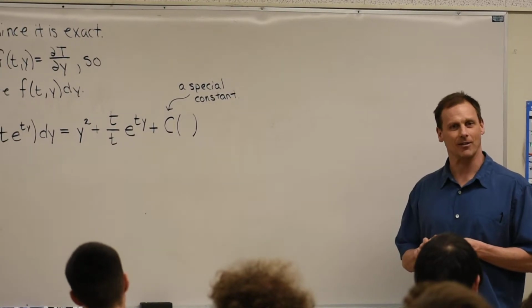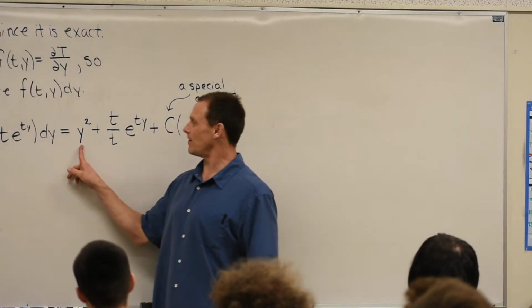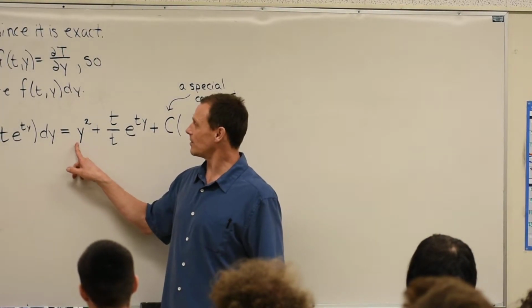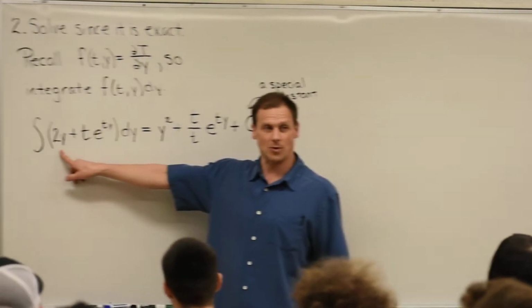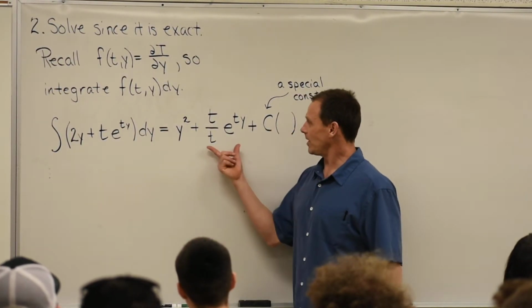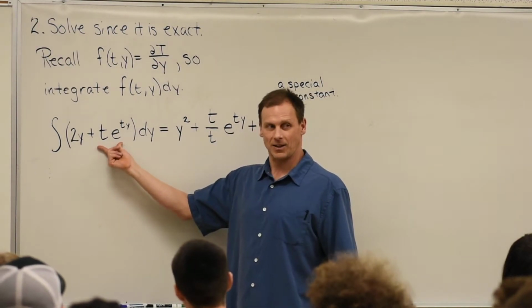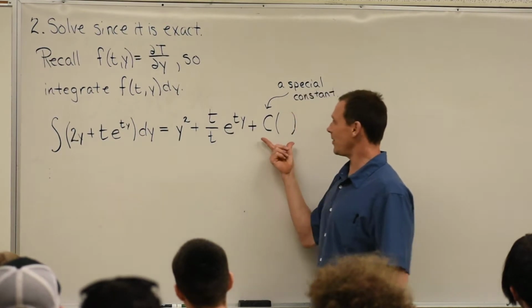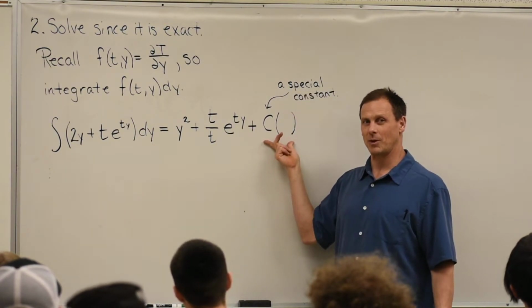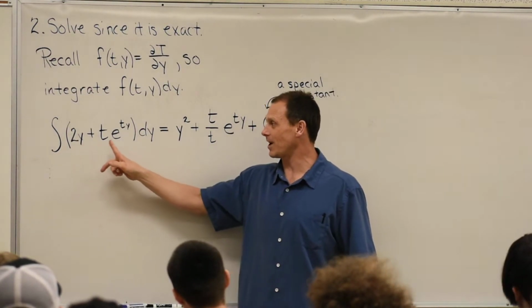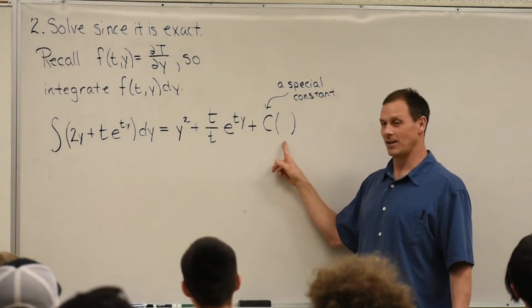You take its derivative. If I take the derivative of this with respect to y, I would get 2y. If I take the derivative of this with respect to y, I would get this. But what about that? If I take the derivative of this with respect to y, I've already accounted for that term. What should this be?